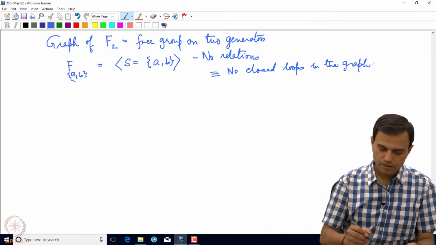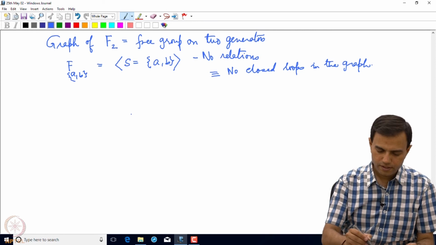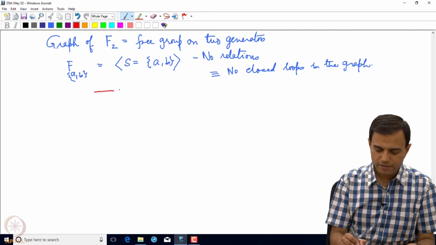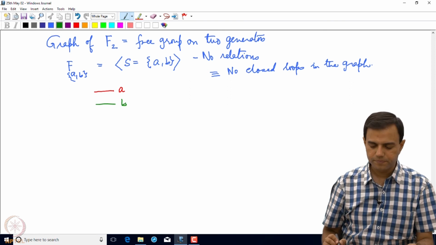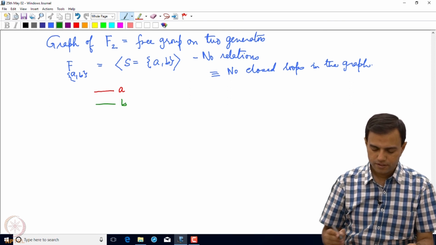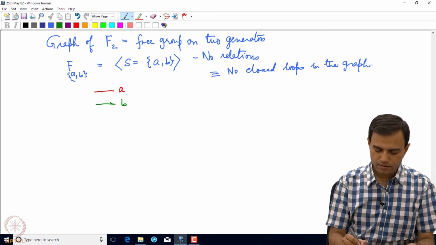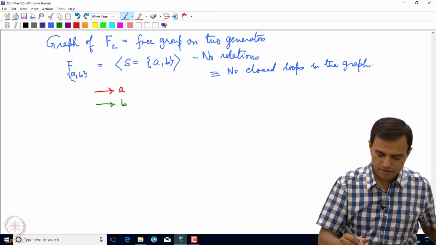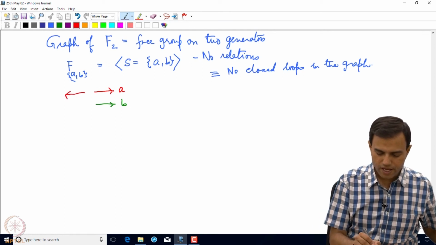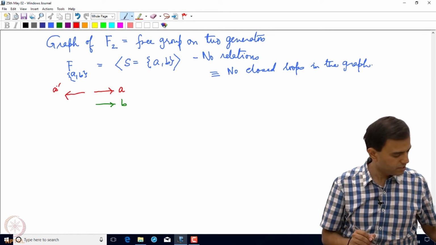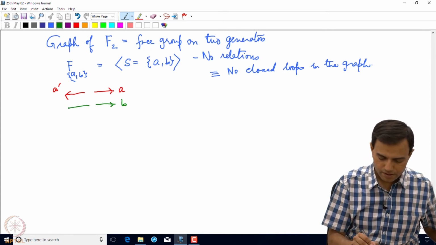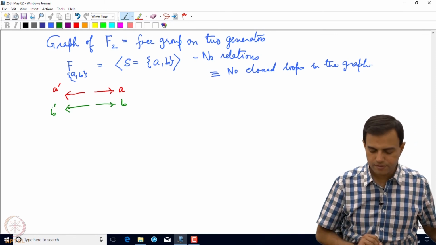How does it work? Now I am taking a color coded thing. Let me take this as A and let me take this as B. So I am taking like this, and then the reverse direction I have A dash and I have B dash.